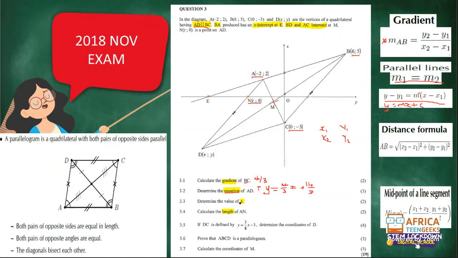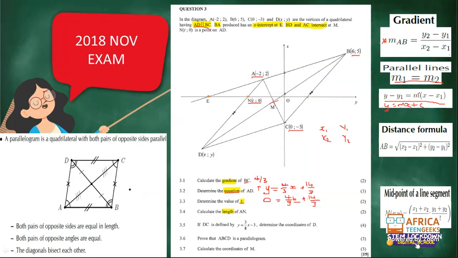Okay, and then you're looking for T. So what this simply means is that because this is your x-intercept, you will have 0 equals 4/3, and then your x value is T plus. Okay. So now that you have an equation, your only unknown is T, then you can solve for T.